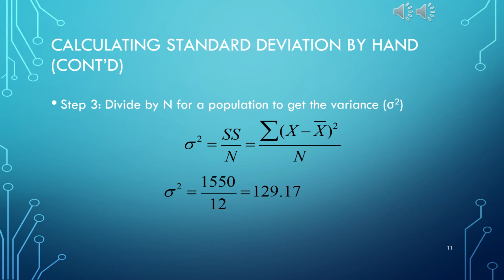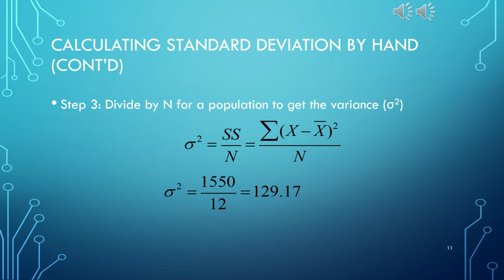Okay, so this is how you're going to find variance for a population. Breaking that down even further to the right, the sum of squares is the sum, capital sigma, of the squared difference scores for each participant, all of that divided by the population size, right?